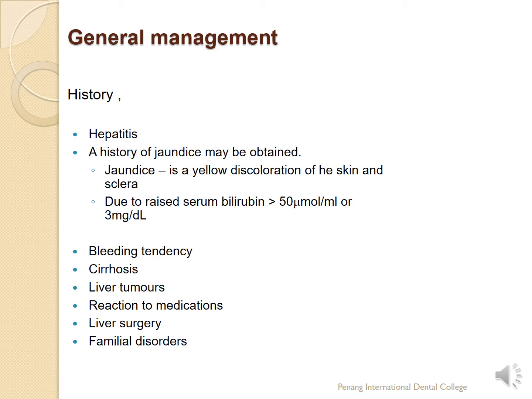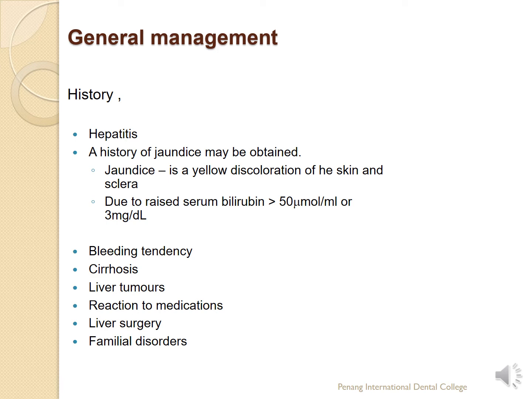That yellowish discoloration can happen only when the serum bilirubin level in the body is more than 50 micromole per liter, or 3 milligram per deciliter.